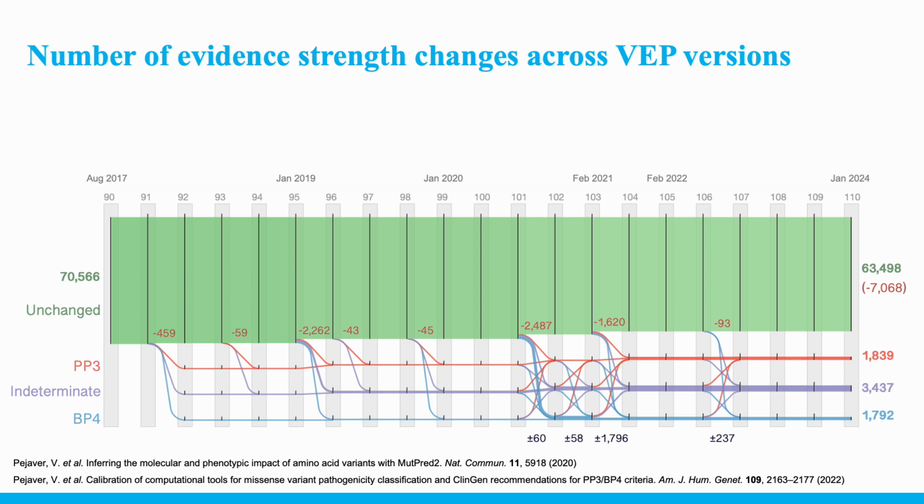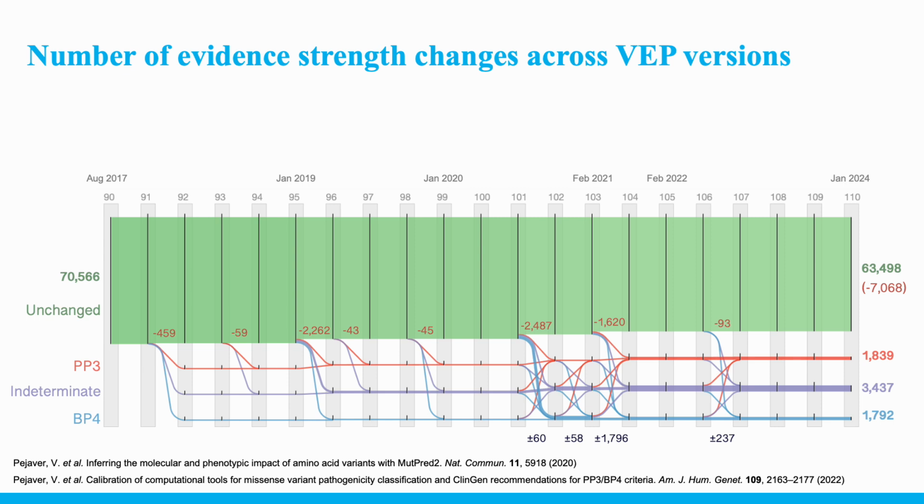We have mapped the MutPred2 scores to ACMG/AMP clinical evidentiary strengths in order to classify them as either supporting pathogenic PP3, indeterminate, or supporting benign BP4, using a calibration technique from the manuscript referenced at the bottom of the slide.